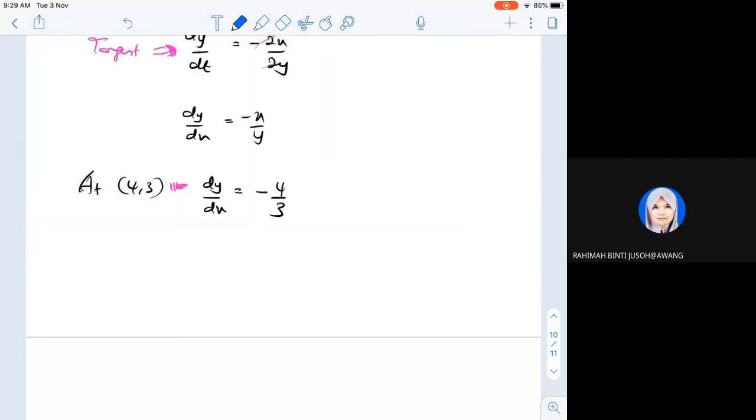Dy is for the j direction. So 4, letak dekat position y. And then position x adalah 3. Now, we want to determine this negative belongs to where?